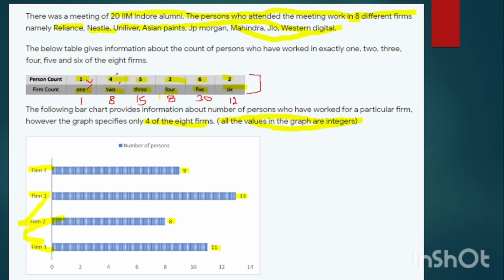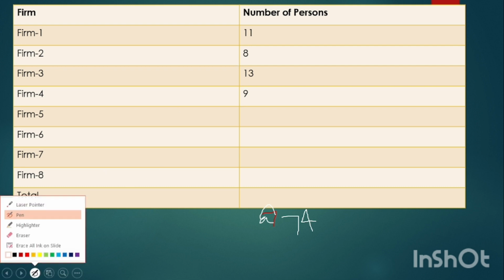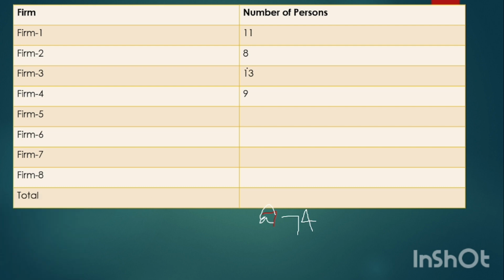So the total here is 30 plus 12, 42, plus 8, 50, plus 15 is 65, plus 9, says 74. The total here is 74. Now we'll take the total of firm 1, firm 2, firm 3, and firm 4. 11 plus 8 is 19, 19 plus 13 is 32, plus 9 is 41.